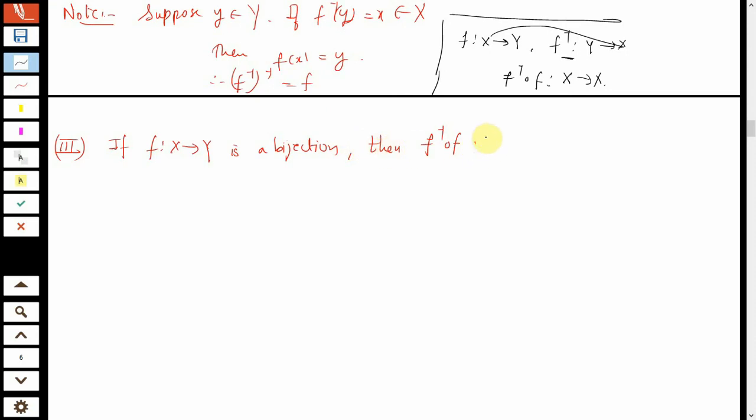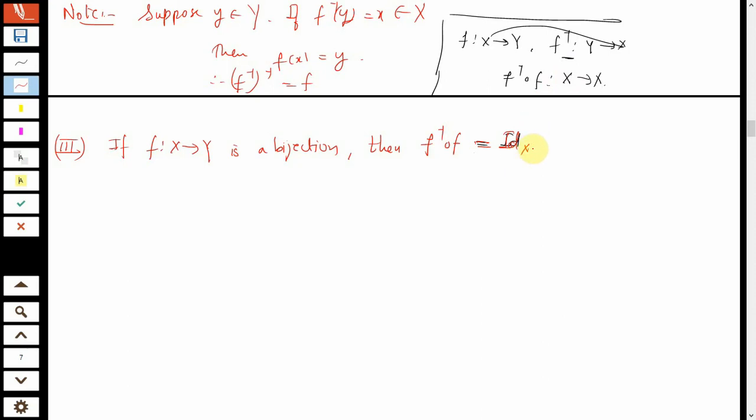So f inverse composite f is nothing but the identity map on X. As we see, the domain and the codomain of this map is X.